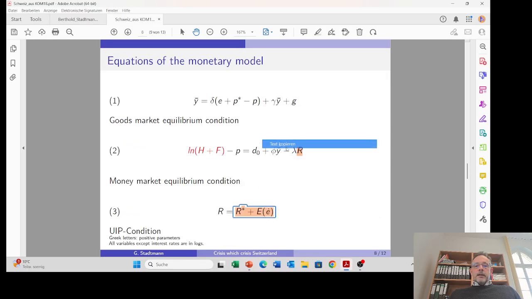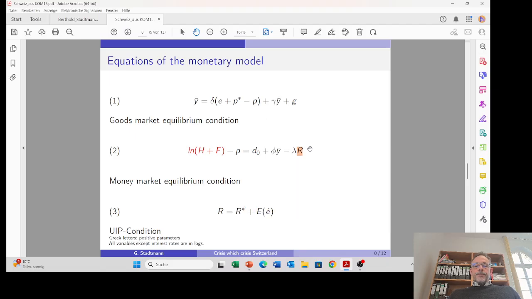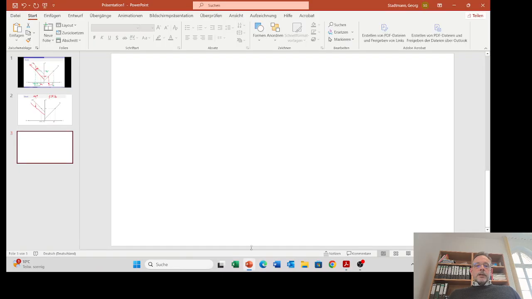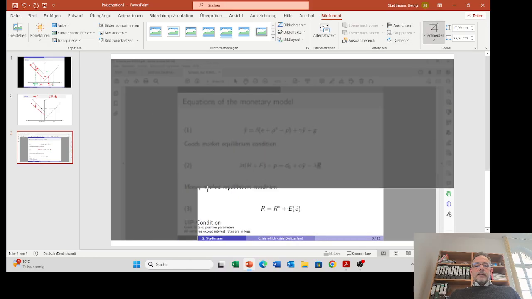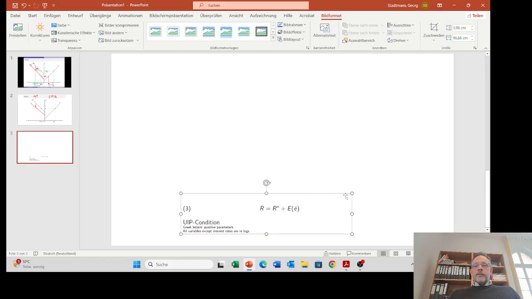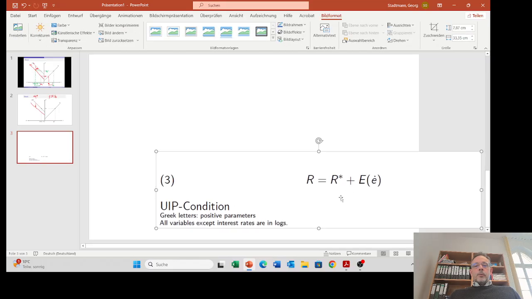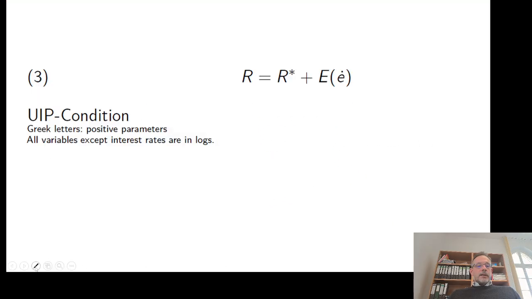I have to copy once more our equilibrium conditions, and would like to talk a little bit about the UIP condition in a very extreme scenario. So I'm talking about the UIP condition here. I've copy pasted it to PowerPoint so that I can make my point.